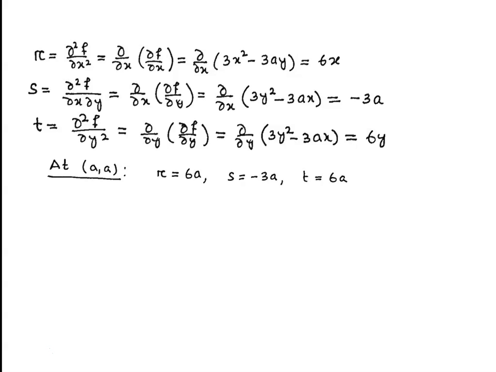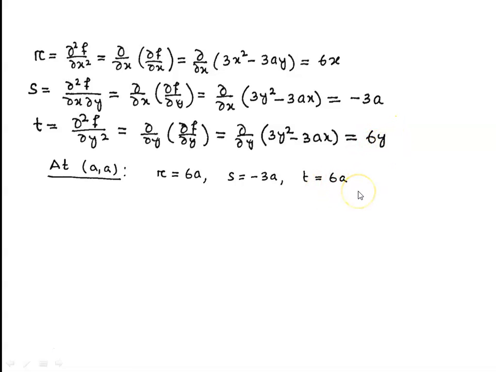Now at the point (a, a), our value of r is 6 into a because at (a, a), x is a. So 6a. Similarly, the value of s at (a, a) is minus 3a. And the value of t at this point is 6a because y is a.